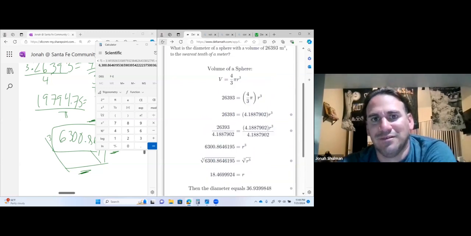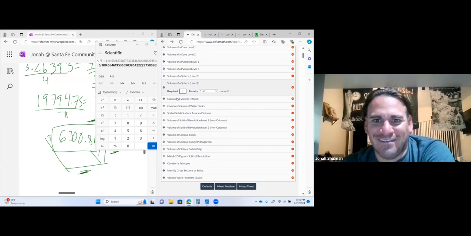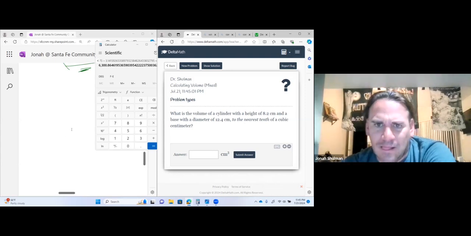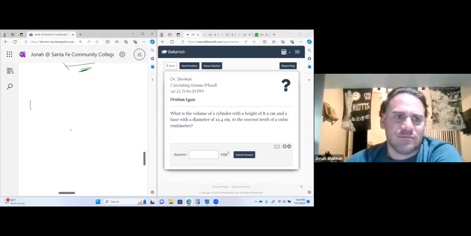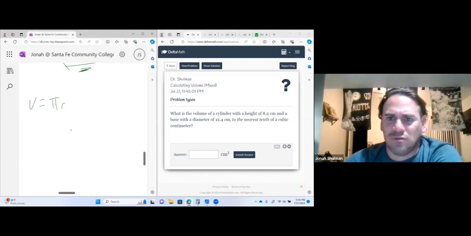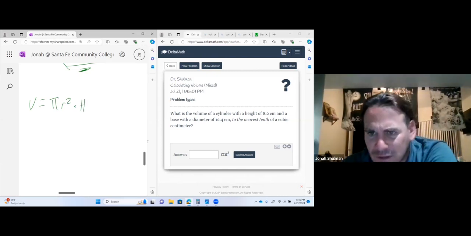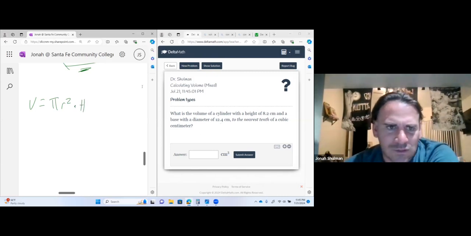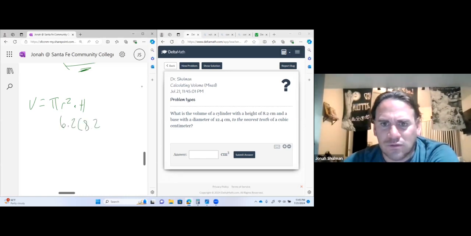I'm over it. All right, let's do a mixed volume one. What is the volume of a cylinder and the base of this? Same thing. Pi r squared times height. So we have the diameter, which is 12.4. So this is 6.2 squared times 8.2 times pi.